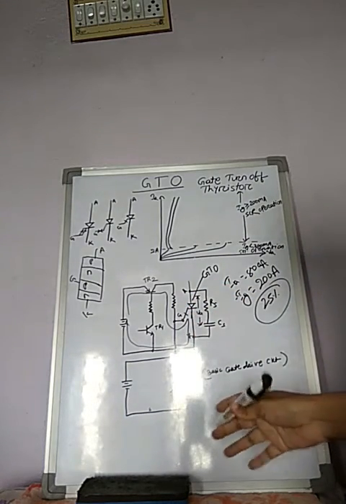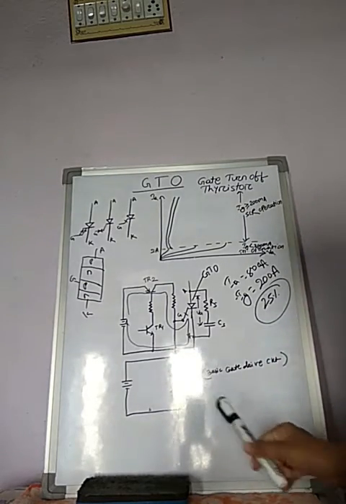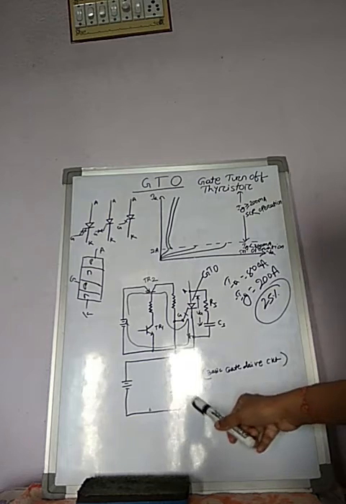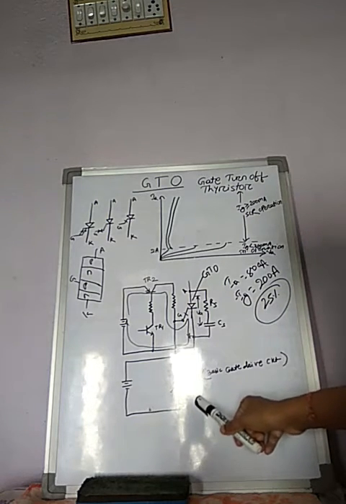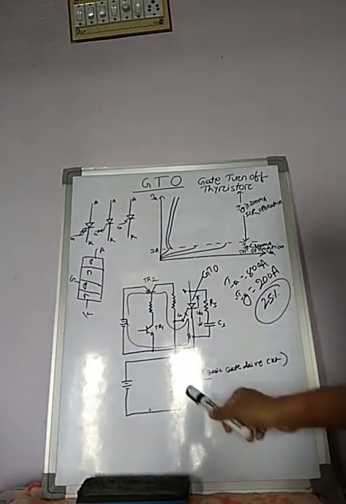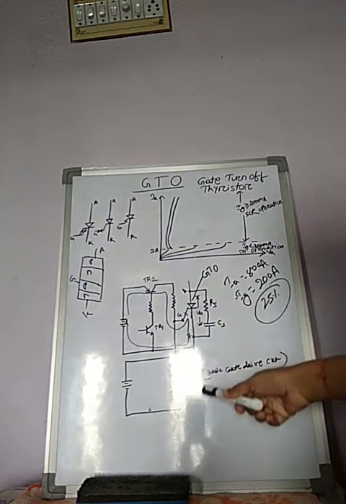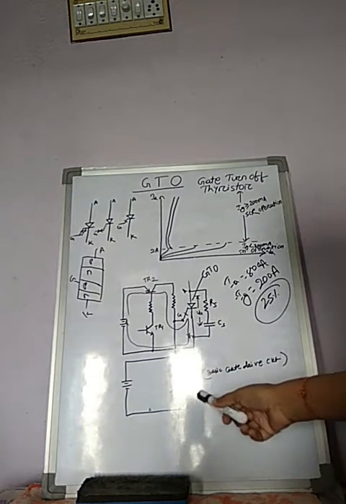For this we need to turn on this T1. Here, for the turn off circuit of the GTO, one SCR or thyristor is used.